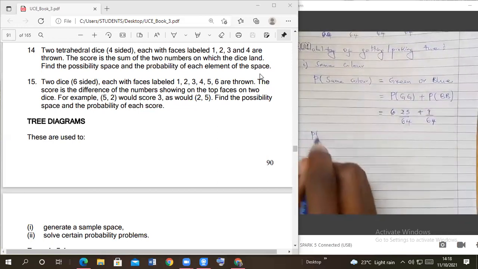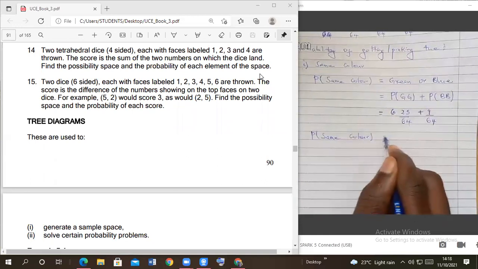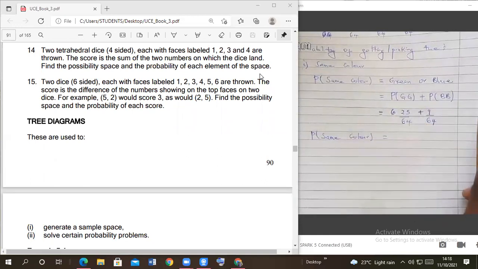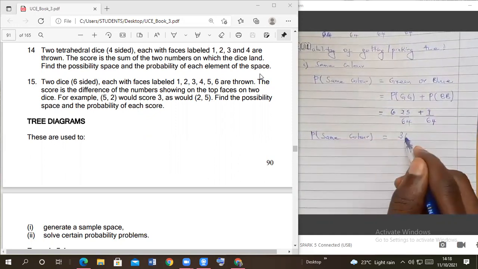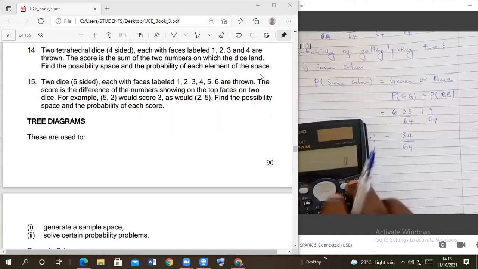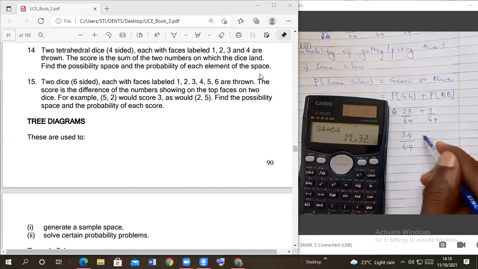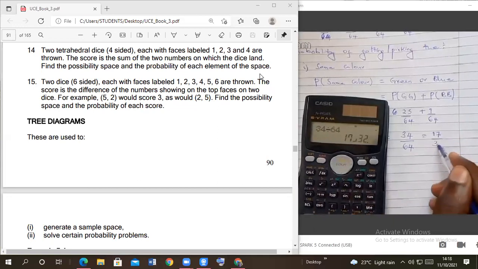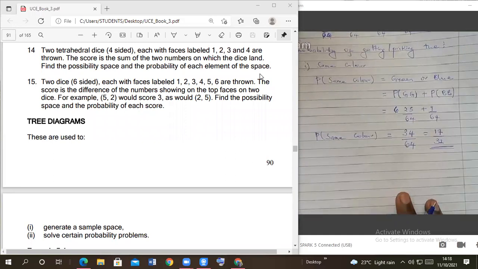They have the same denominator, so you just add the numerators. 25 plus 9, what do you get? 34 out of 64. But you can still reduce it by a common factor. 34 divided by 64 gives 17 out of 32. Are you together?